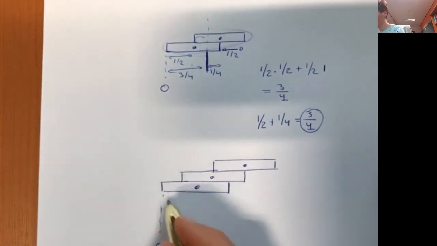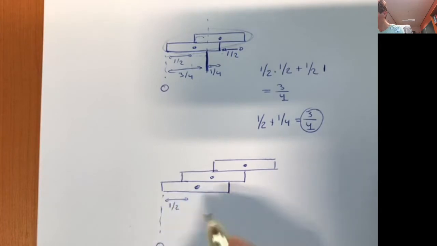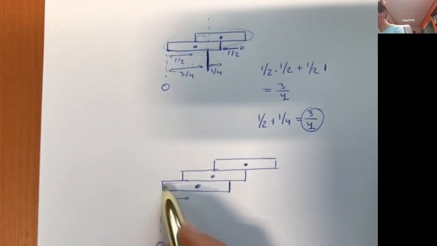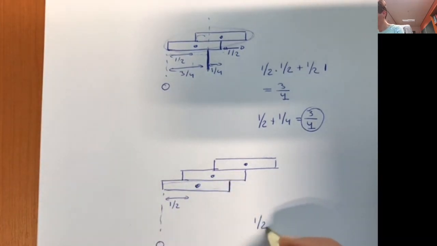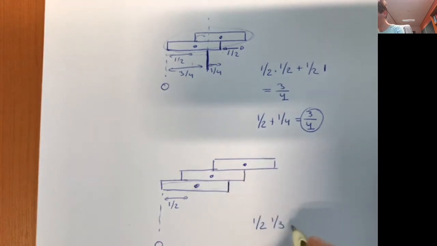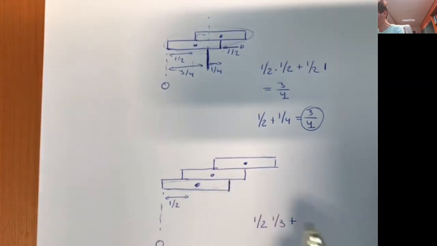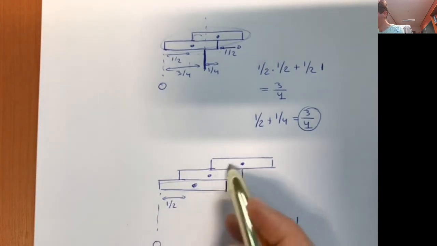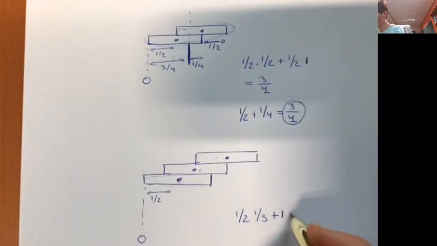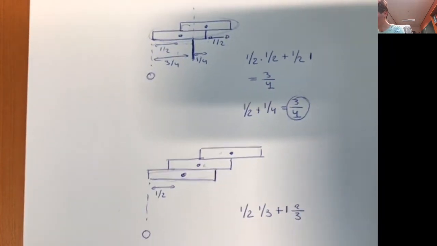Okay, so let's compute it. Here, distance 1/2 is the center of gravity of this first shelf. So at distance 1/2, we have 1/3 of the total mass, right? There are 3 equal shelves. And then at distance 1, we have the center of gravity of these 2 things, so times 2/3.